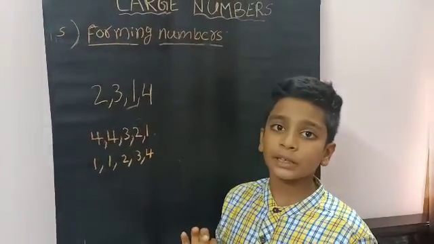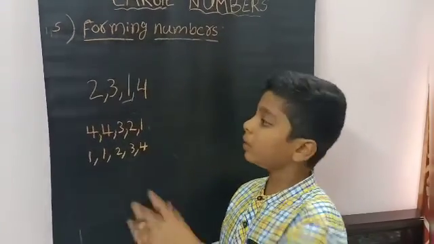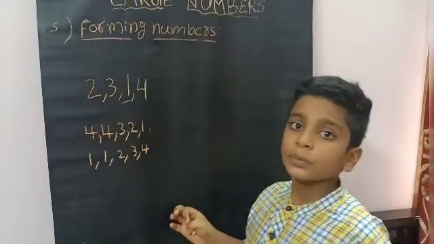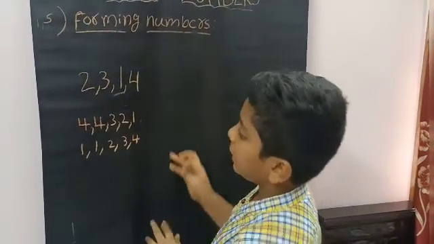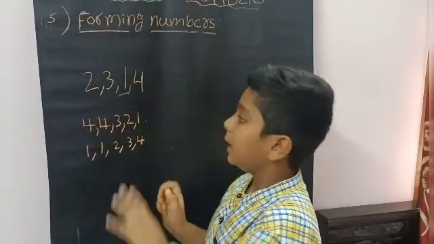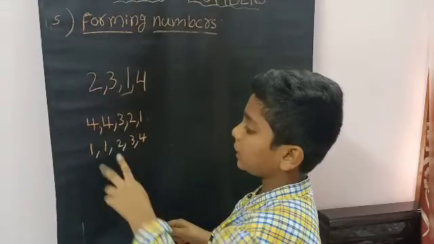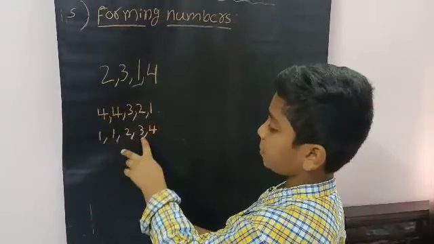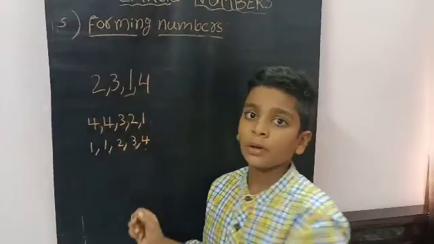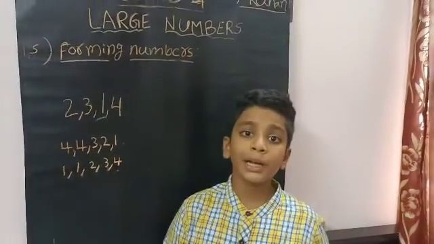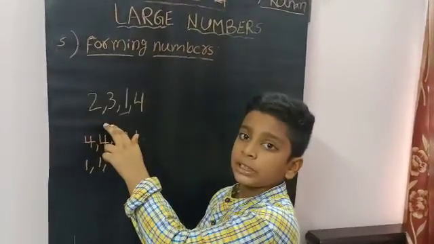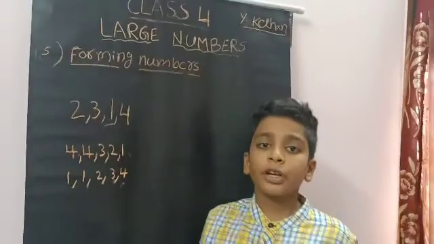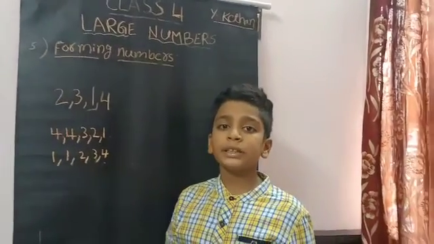It becomes the biggest number. And if they ask for smallest, then see the smallest digit and write it double times, and write the next smallest and next smallest.